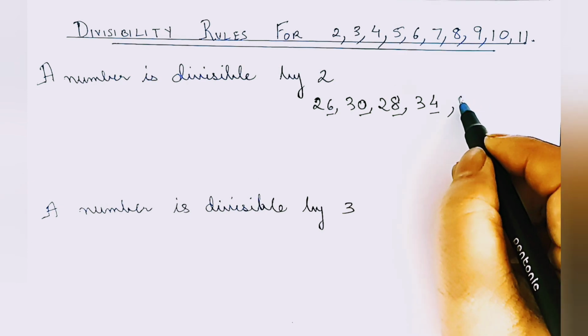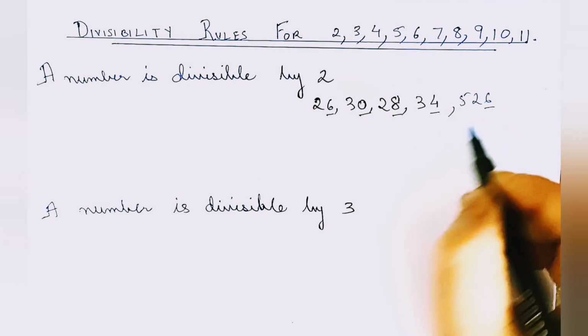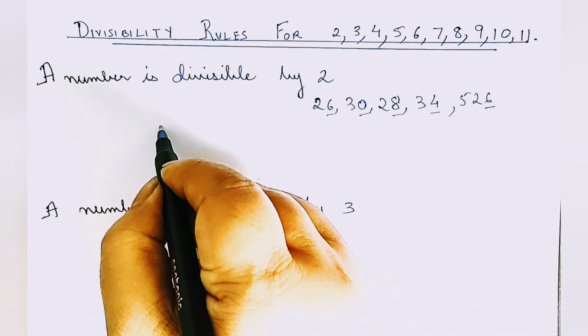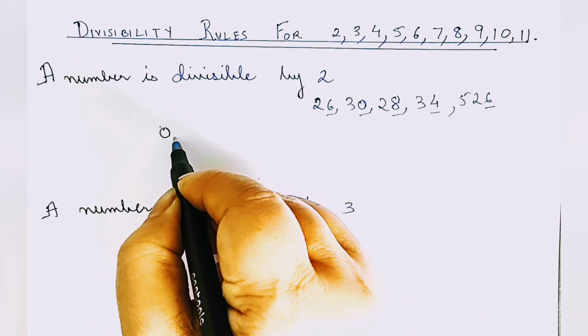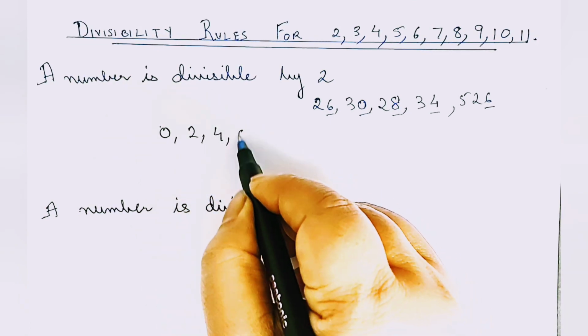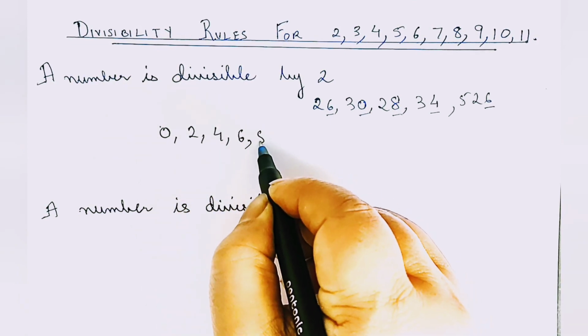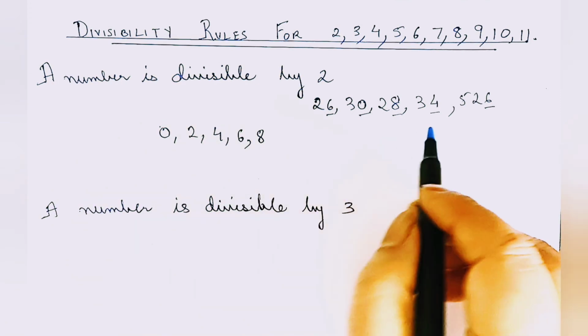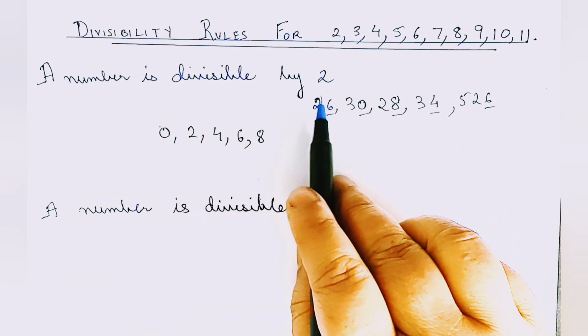Now say if the number is 5, 2, 6, again an even number. If in the unit place the number is 0, 2, 4, 6, 8, you will just know instantly that the number is divisible by 2.